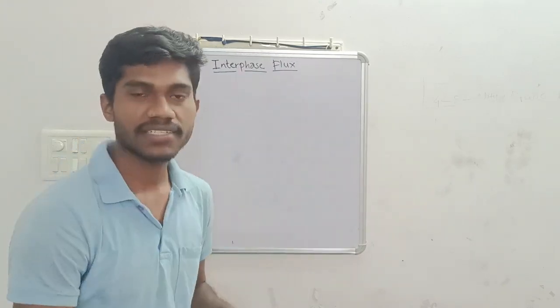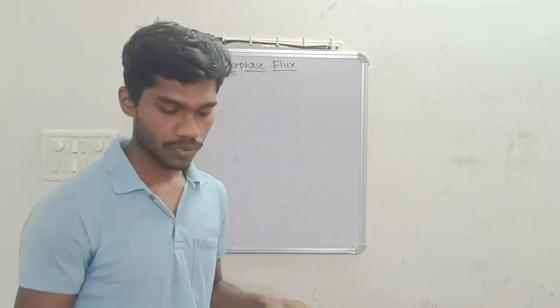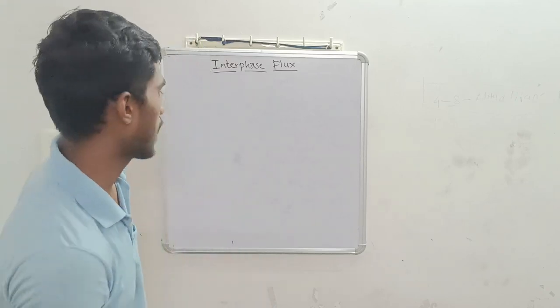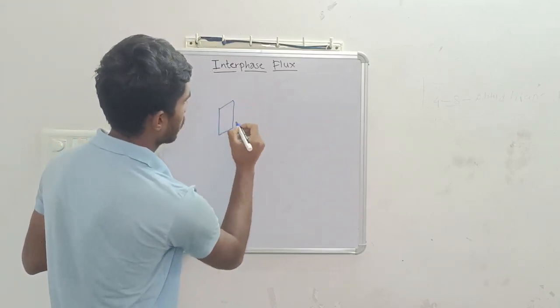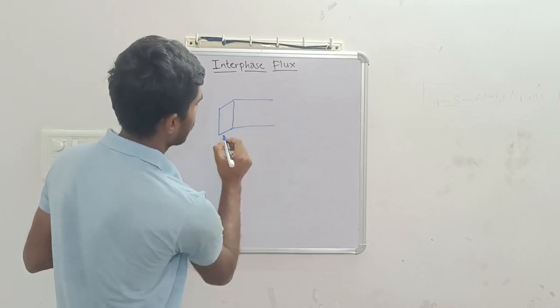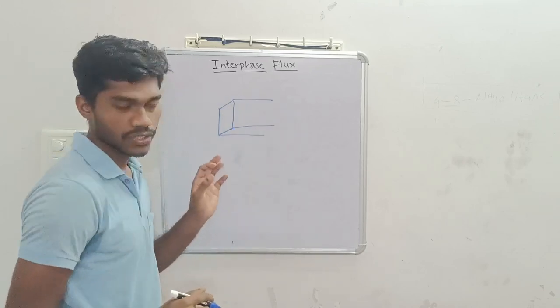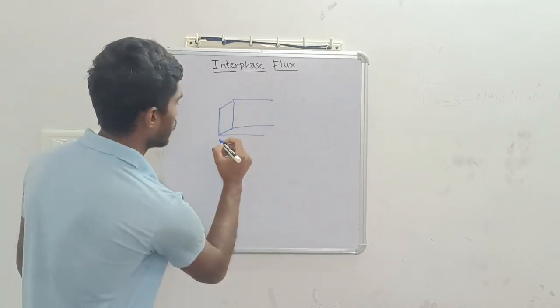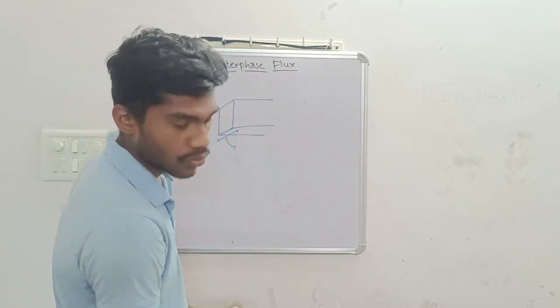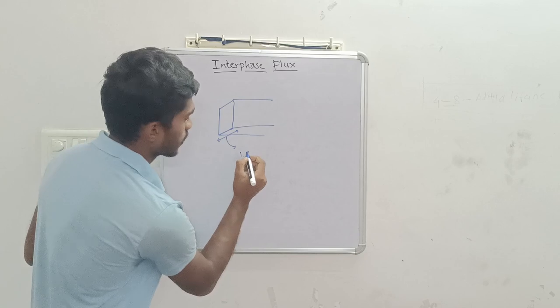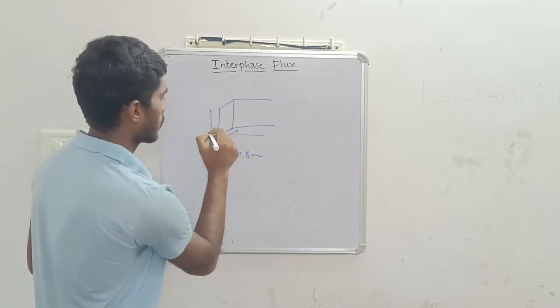So let's understand the question. We can assume the car as a box with width equal to 1.8 meters and height equal to 2 meters.